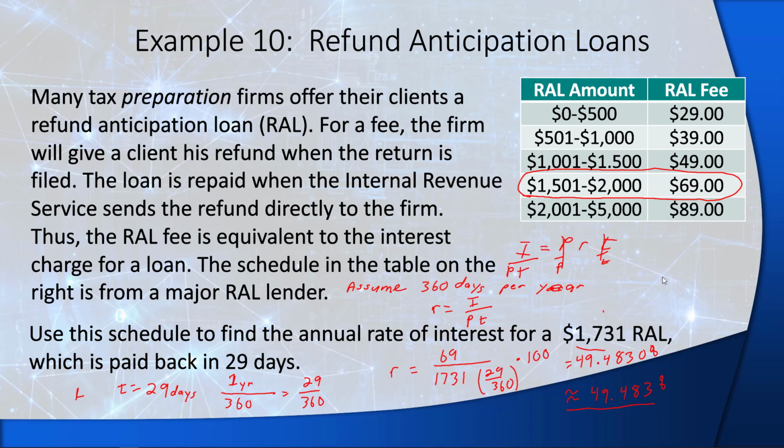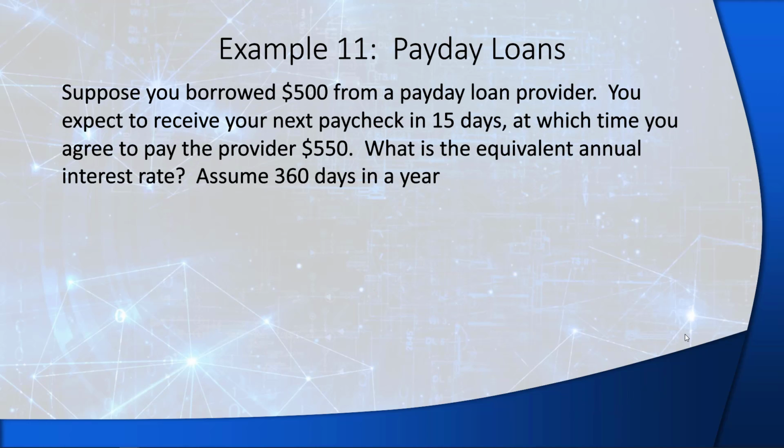And that brings us to our final example, which is that of payday loans. Now, payday loans are attractive for most individuals that have very, very poor credit ratings. Why? Because these guys do not require a credit check. However, what they do require is access to your payroll check. But since they don't require a credit check, basically anybody, no matter how bad your credit is, can apply for a payday loan.